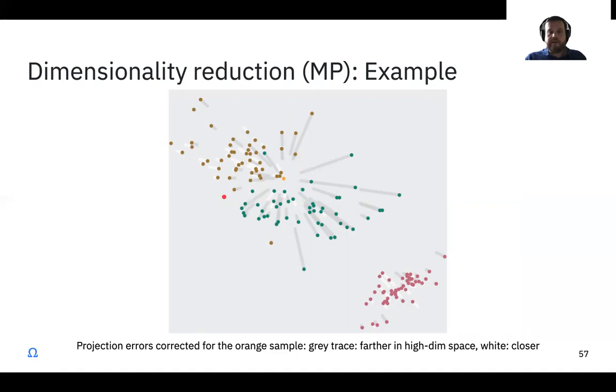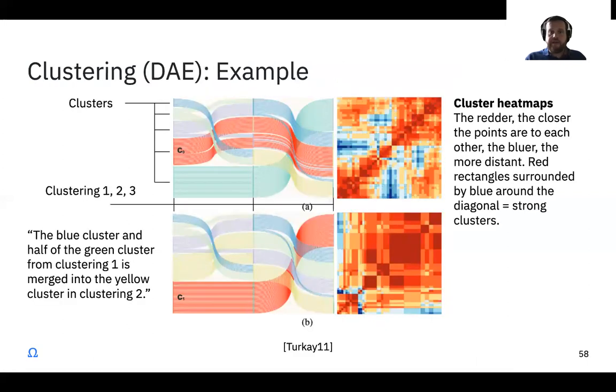And the white traces are directed towards the sample, and those parts should be closer. So that's a nice way to show the stress or the distortion between the high dimensional space and the lower dimensional manifold space.